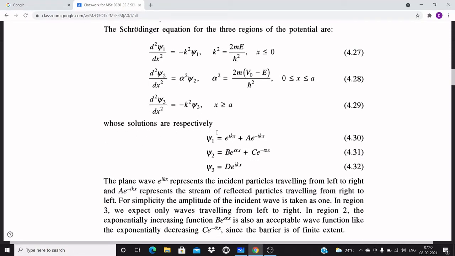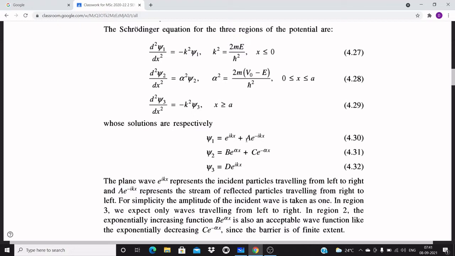The solutions are taken as psi1 is equal to e raised to ikx plus A e raised to minus ikx. So the amplitude of incident wave is taken as 1, and the reflected amplitude, we are not sure about the reflected amplitude. Once we are able to calculate the reflected amplitude, we can say that the reflection coefficient in region 1 is mod A square.